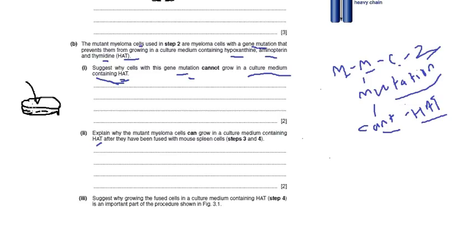So if this HAT, with the gene mutation, the cells cannot grow if it is present, then it's probably because the cells can't deal with HAT.